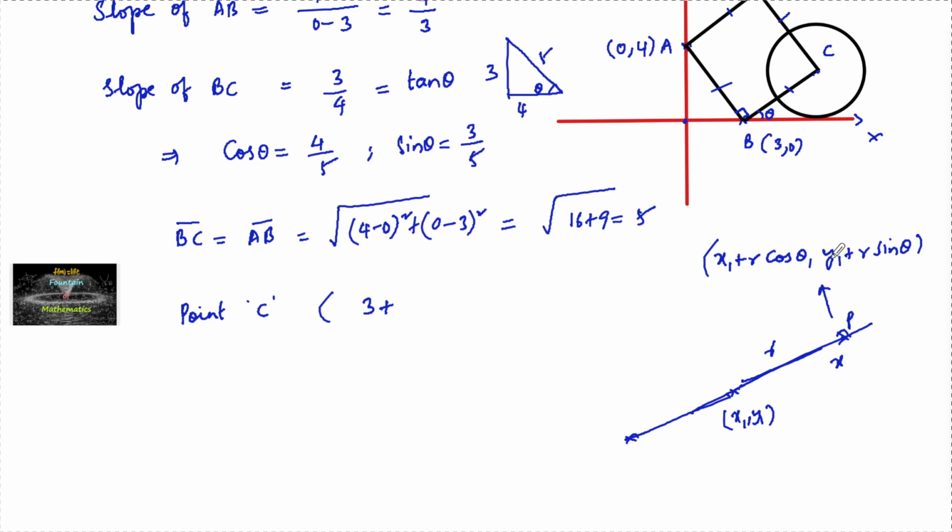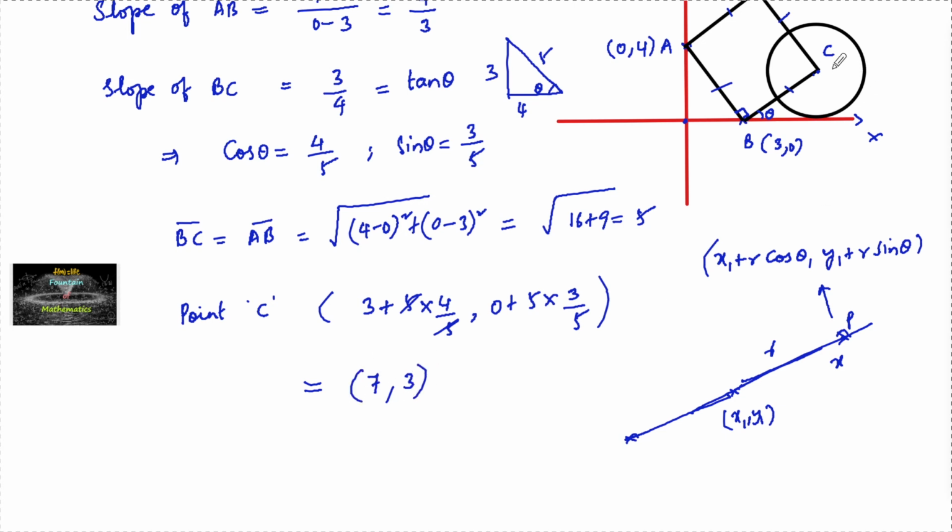So let's consider the point x1 plus r cos theta. r is equal to 5 into cos theta, that is 4 upon 5, comma y1, which is 0 plus 5 times sin theta, that is 3 upon 5, which equals 7 comma 3.